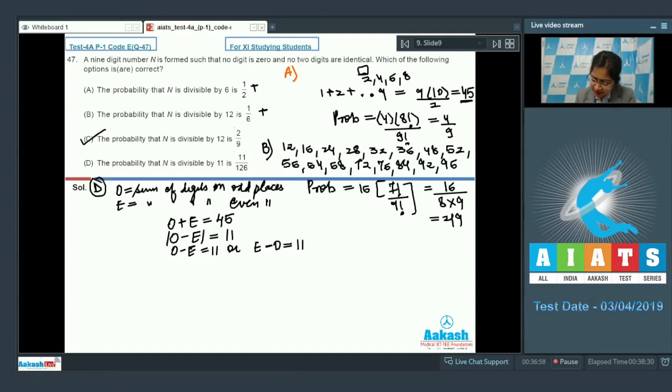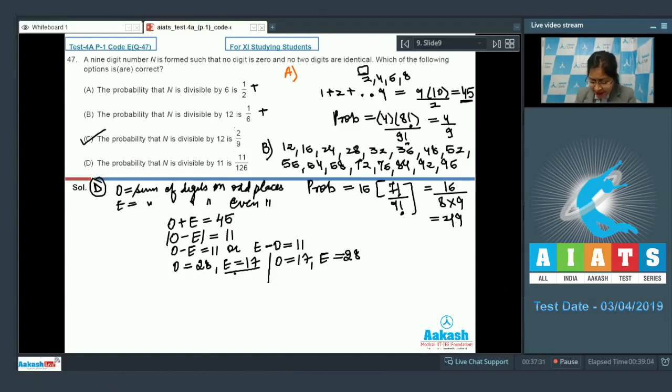If I add these two, we get O equal to 56 upon 2, that is 28, and E will be equal to 17. And from the second condition, we get O equal to 17 and E equal to 28. These are the two conditions.